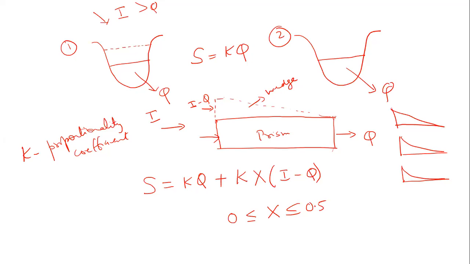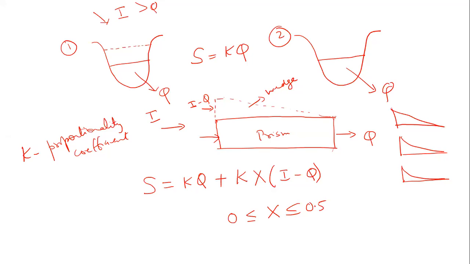It's not a time-varying constant. What it would mean is that you can think of K as representing the time it takes for the flood to pass through this channel reach. So that's the physical implication of K.